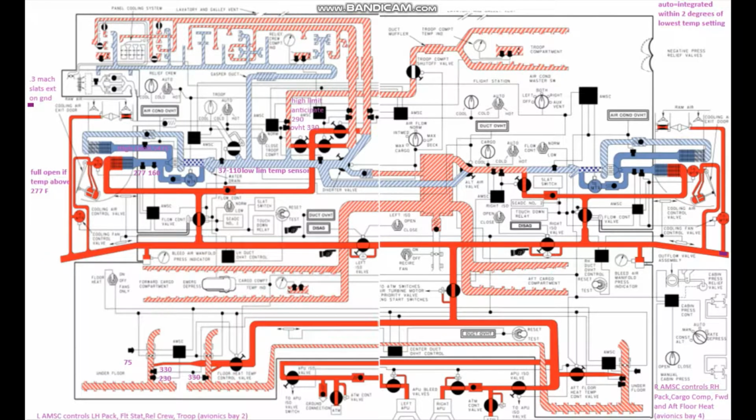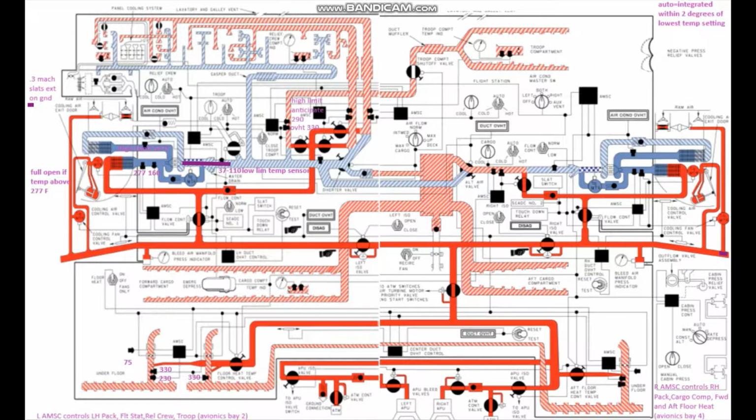Alright, I deleted everything just to try to make it a little easier to see now. So now that we've talked about generally how the system works, I'm going to talk about the integrated mode first. Integrated mode works by the air coming out of the water separator hitting that thermostat.